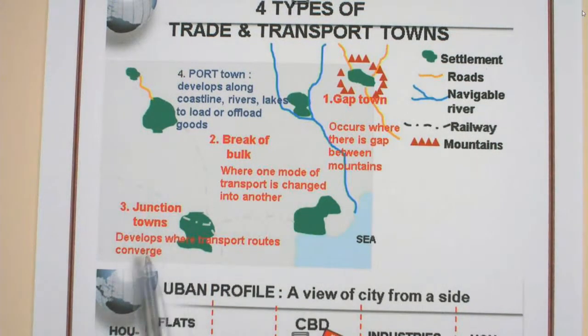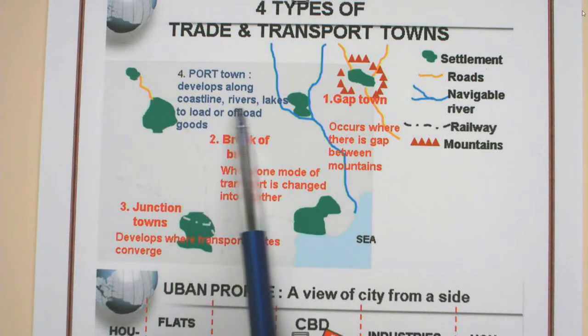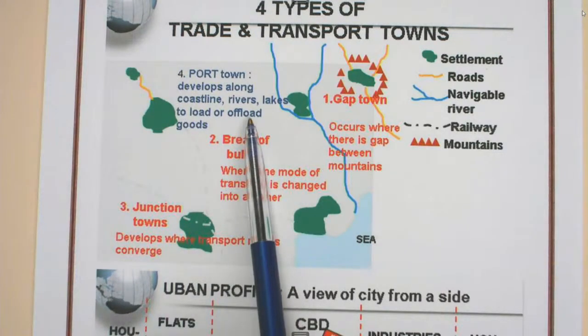Junction towns develop where transport routes converge. A port town develops along the coastline, rivers, or lakes, to load or offload goods.